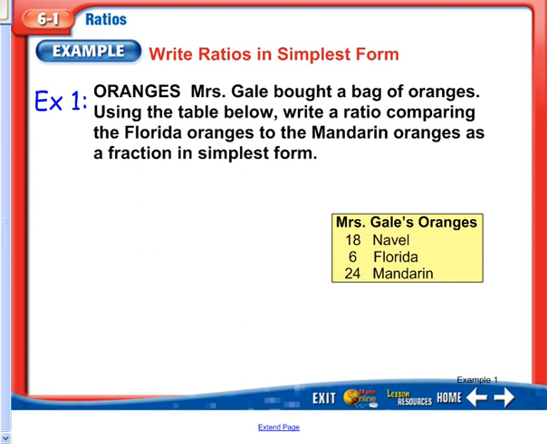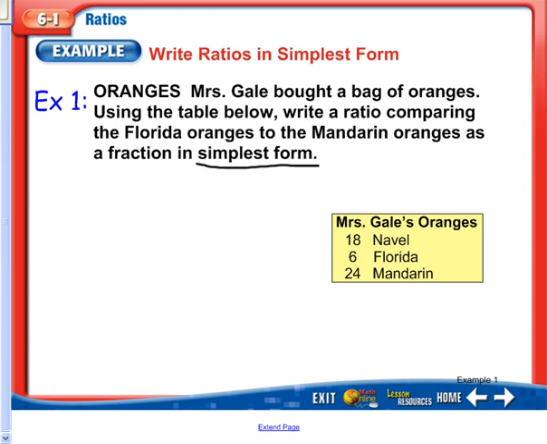Example 1 brings us to writing ratios in simplest form. Oranges. Miss Gale bought a bag of oranges. Using the table below, write a ratio comparing the Florida oranges to the Mandarin oranges as a fraction in simplest form. So obviously the keyword here is simplest form. That should bring to mind the L method from chapter 4.